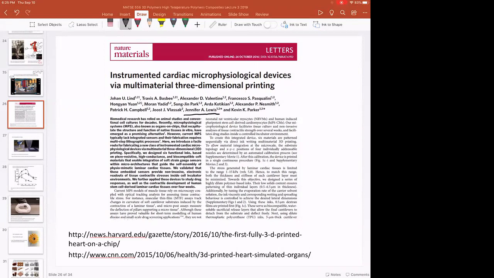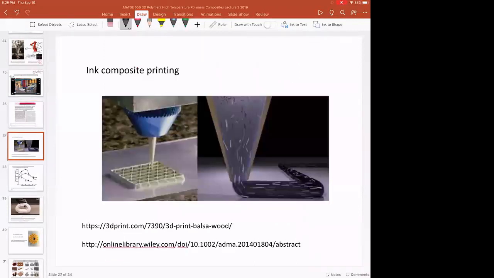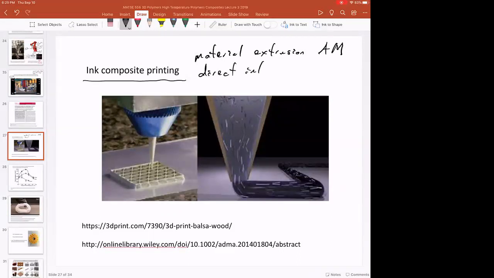So in this paper right here, what they demonstrated was this ink composite printing. And so this is still material extrusion AM, but sometimes this is called direct ink writing or ink printing or something like that.